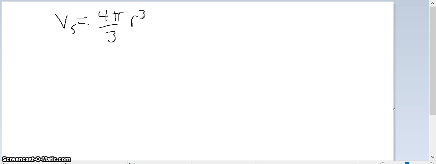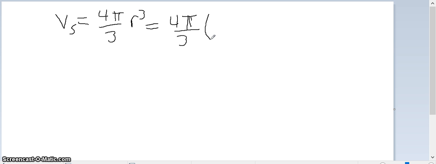So you've got to look up the radius of the sun, and I'll just give it to you here. So that's going to be equal to 4 pi over 3 and here's the radius of the sun in meters.